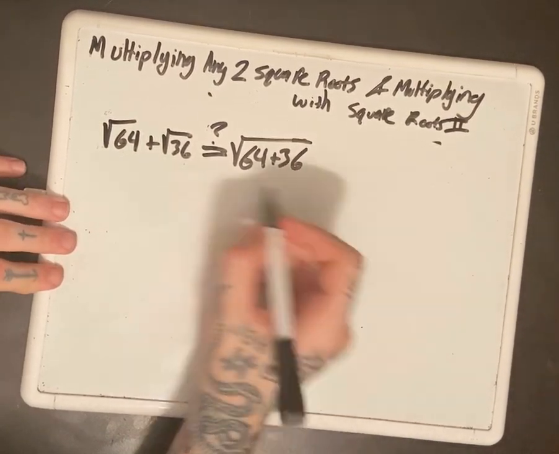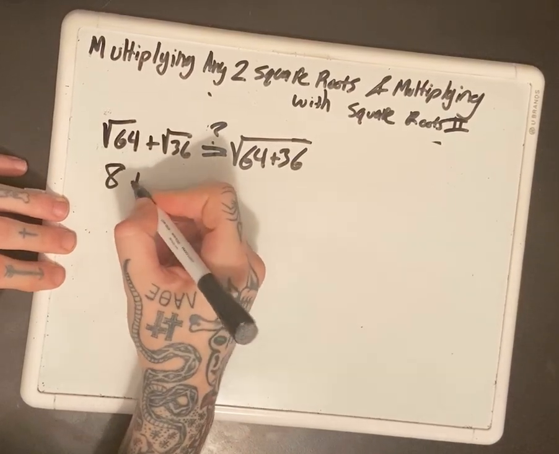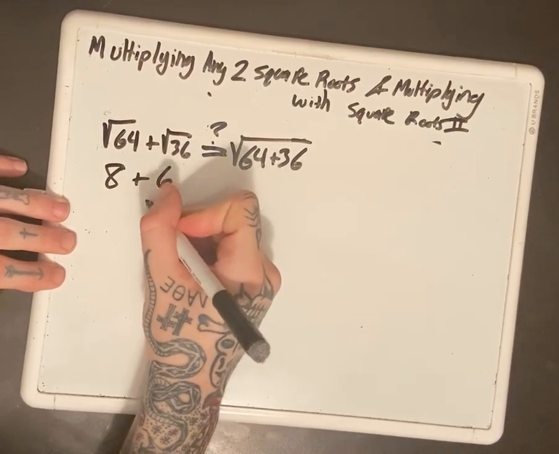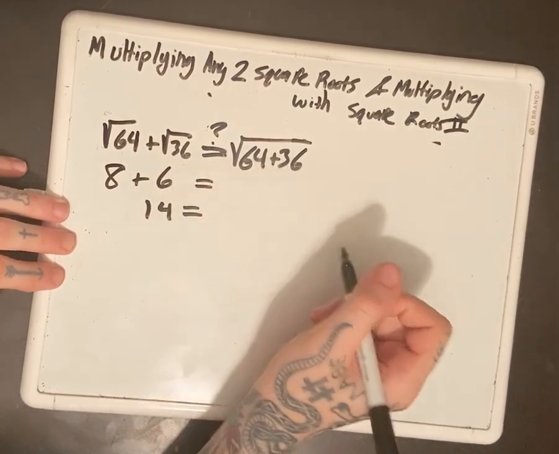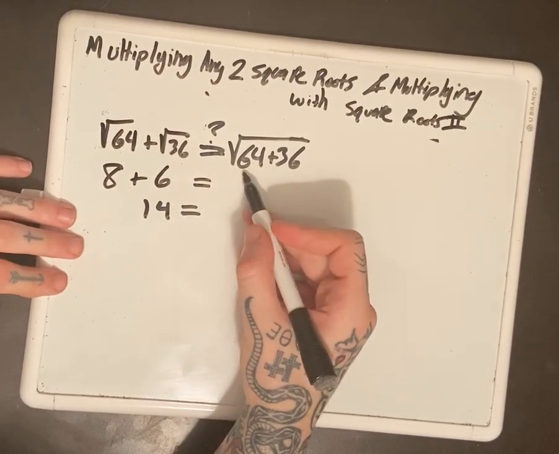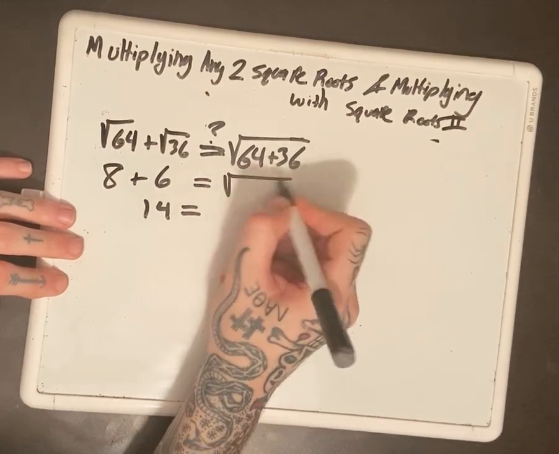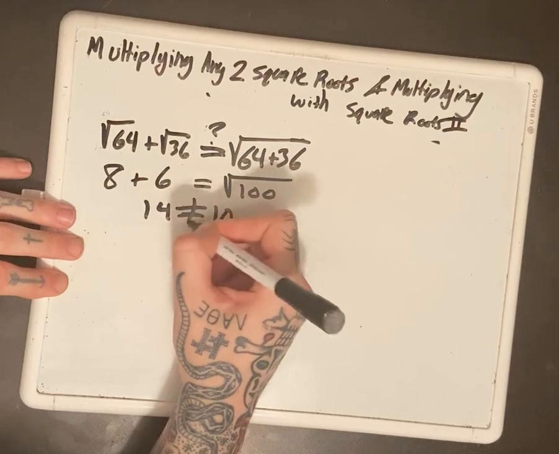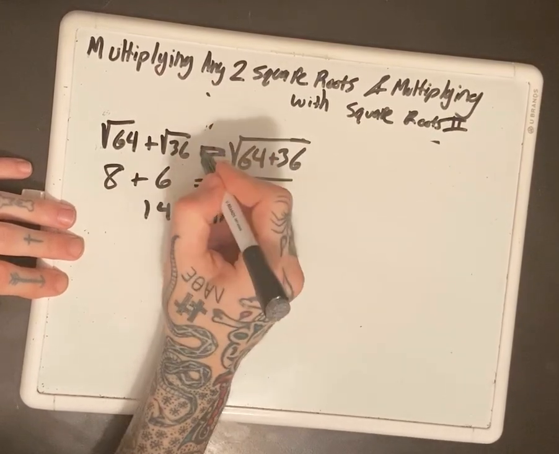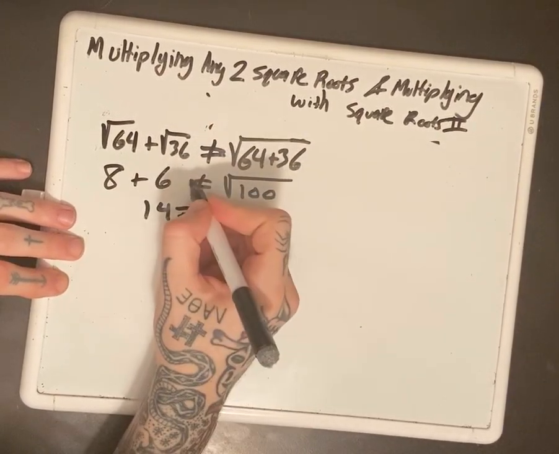Okay? So we're going to get 8 plus 6, and that is 14. Okay? What is 64 plus 36? It's 100. Square root of 100 is 10. So they are not equal.